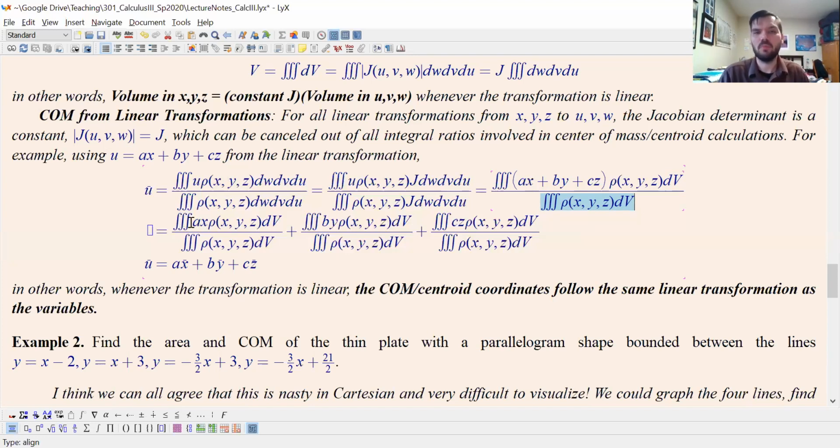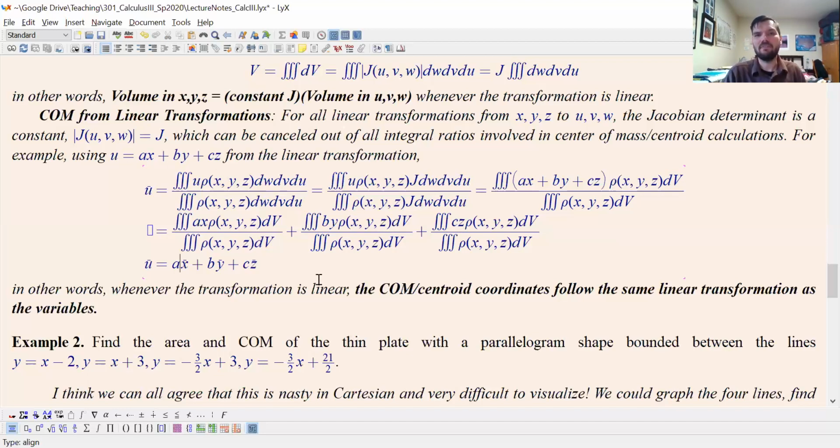And because they're each multiples of x, y, or z, we can factor out those multiples, and we're left with the integral of x times the density function over the mass, that is x bar, the integral of y times the density function over the mass, that's y bar, and the integral of z times the density function over the mass, that's z bar. Each one is scaled by the corresponding component, either a, b, or c, that's in the linear relationship that makes up u.